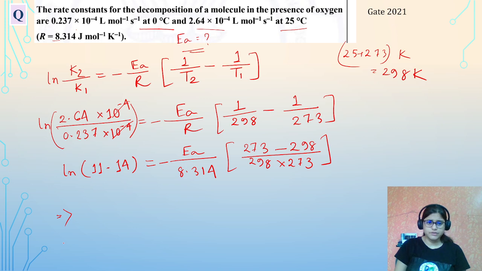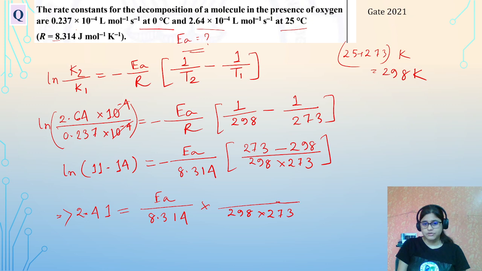So do it yourself. You have the calculator and everything you need. Don't wait for my answer. Okay. Solve it first. EA by 8.314 into, this will be 298 into 273 into here 25. Fine.